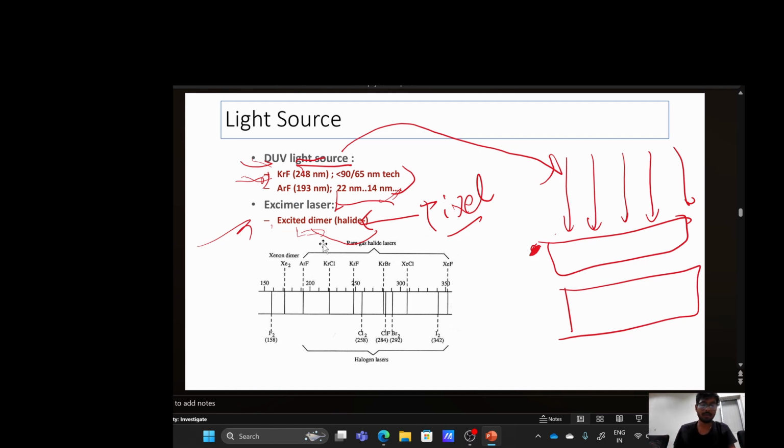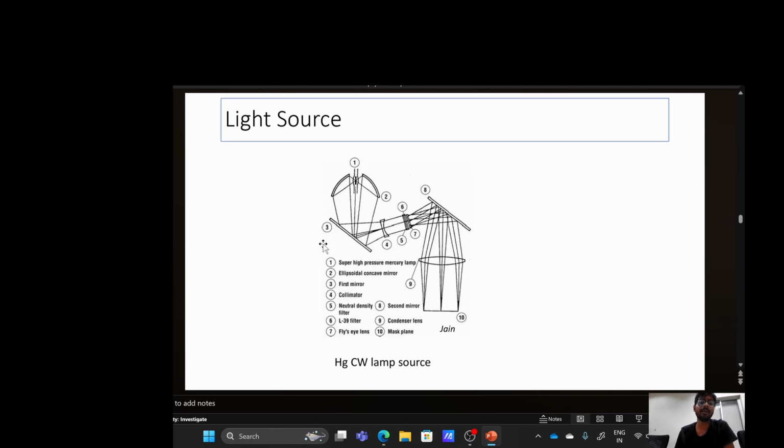Now let's look at how the light from the source is made to fall parallel on a substrate. This is the light source, the mercury lamp. These lenses and mirrors are used to collect the light, because it goes in every direction.